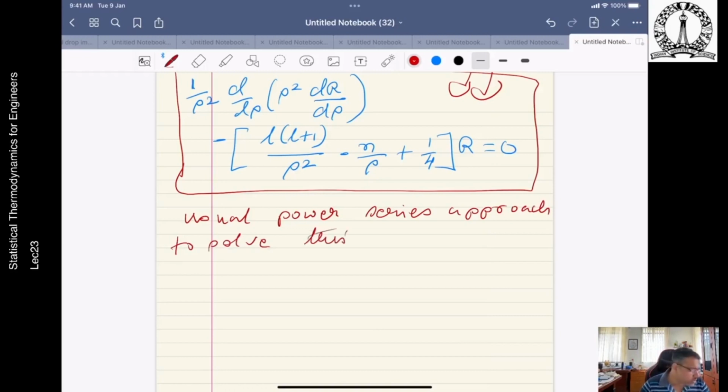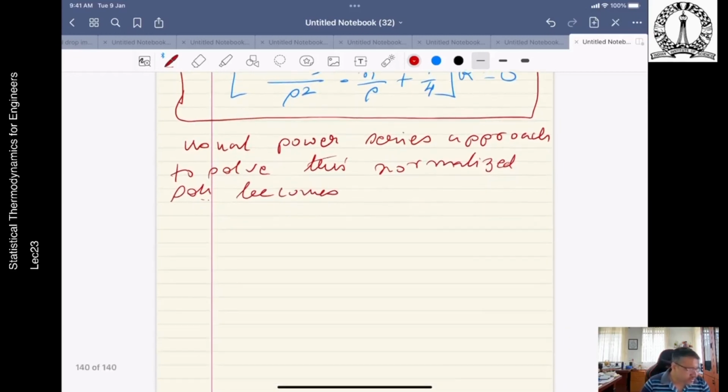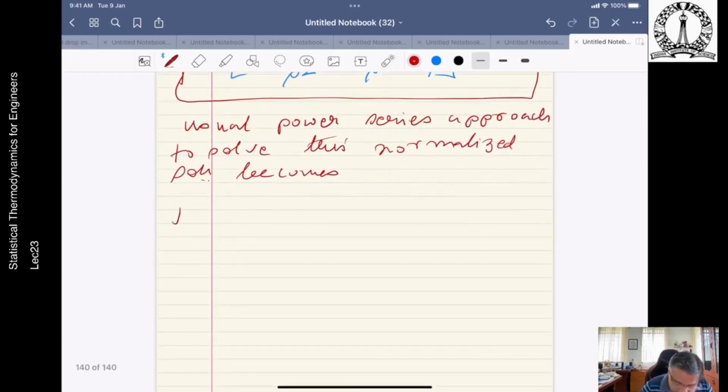The normalized solution becomes R n L equal to minus. This is a long expression once again.